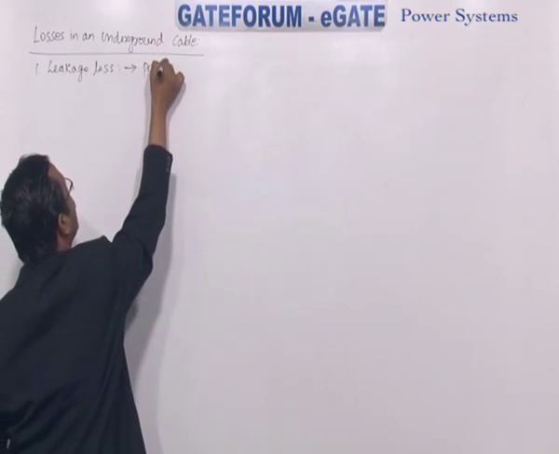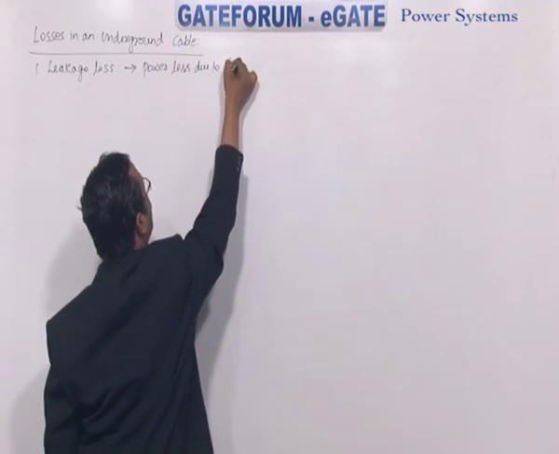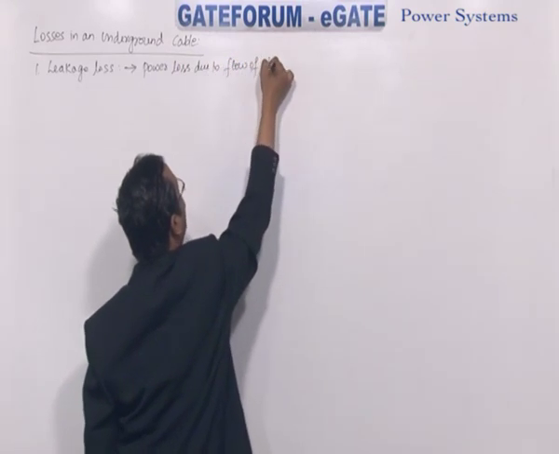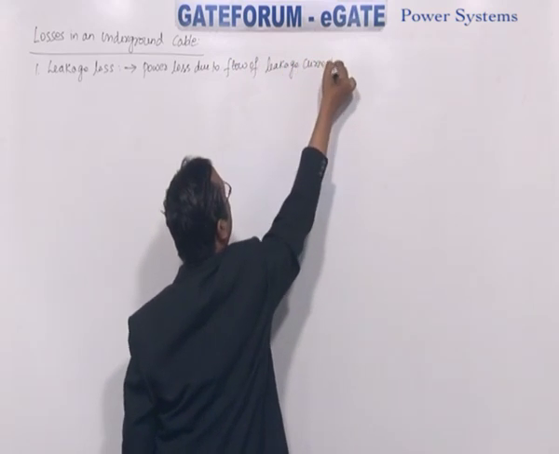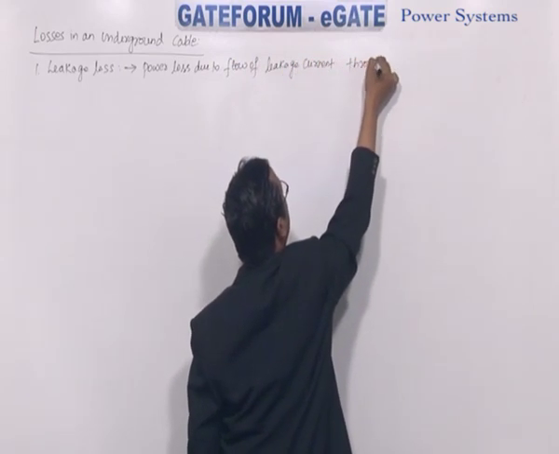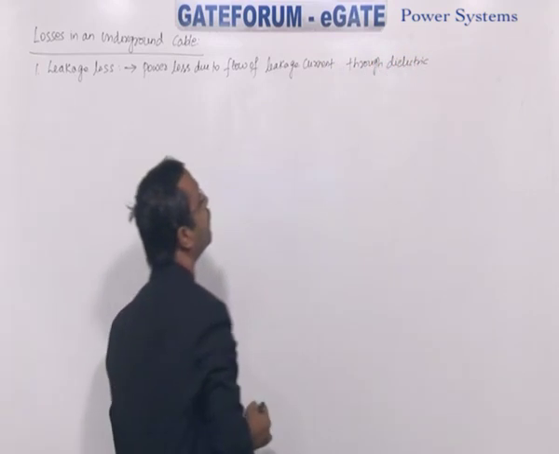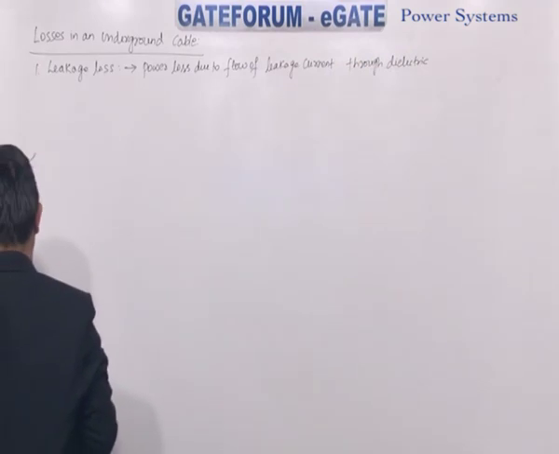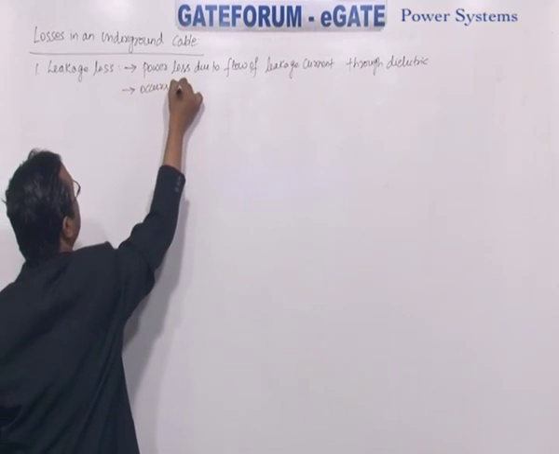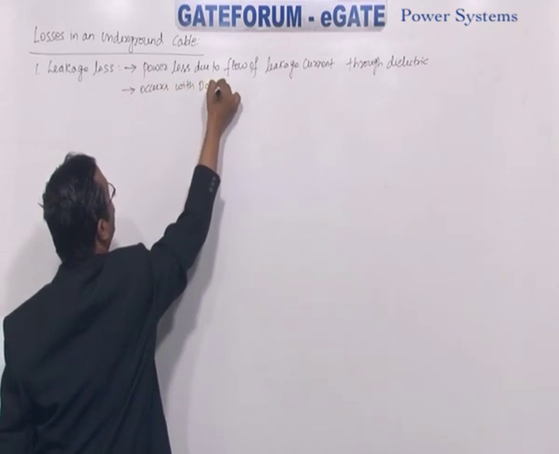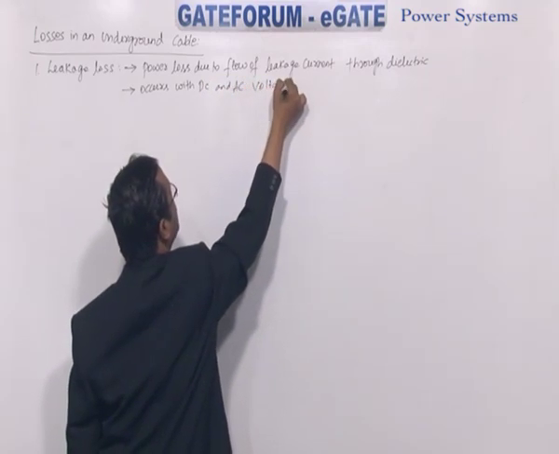So it is the power loss due to the flow of the leakage current through the dielectric. And it occurs for both DC and AC voltages.